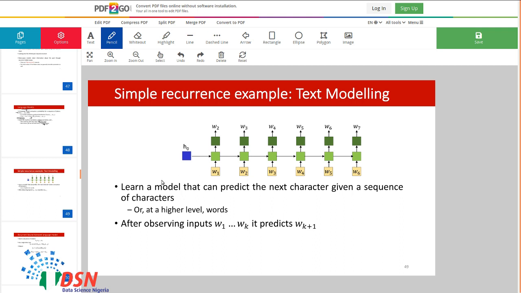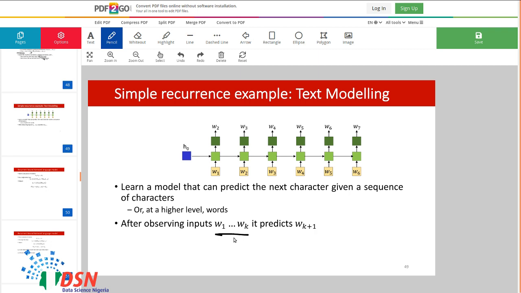Or at higher levels we could do the same with words if we encode the words properly. So in that case, after observing W1 to WK, which could be characters or words, it predicts the next word based on these words.